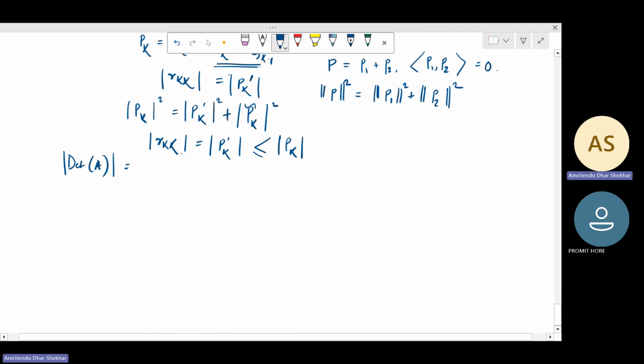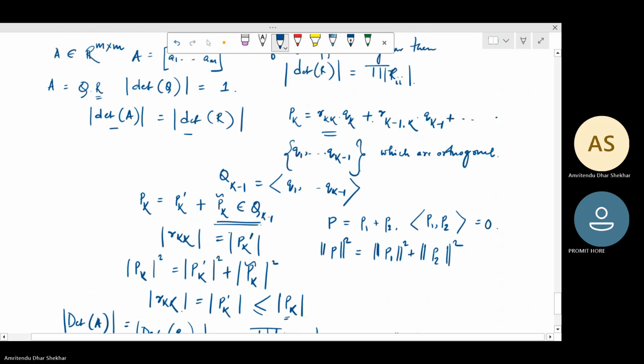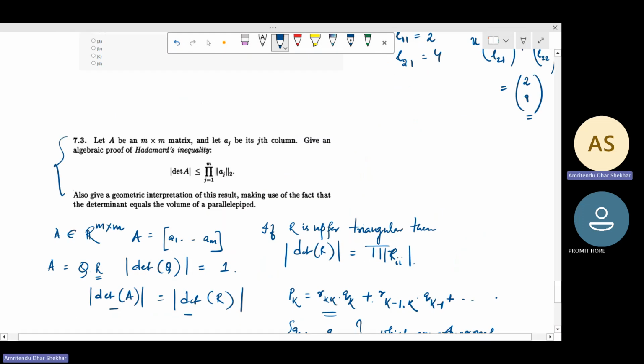The determinant of A is equal to the determinant of R, and that is equal to the product of these rkk's. But each rkk is smaller than this, so this is smaller than or equal to the product of the norms of these vectors, and that concludes the proof of this problem.